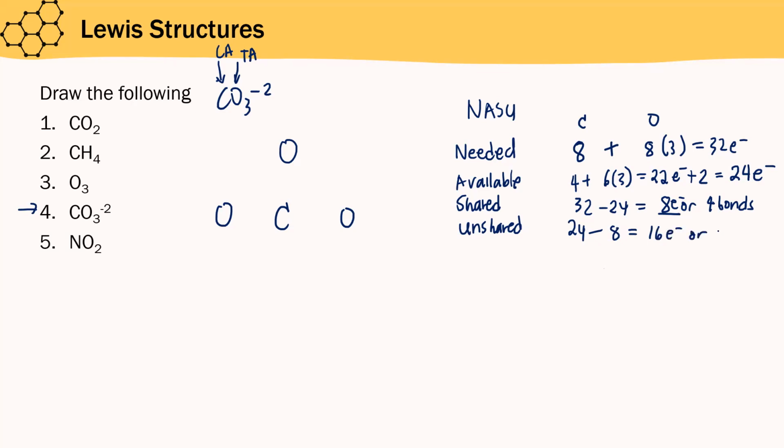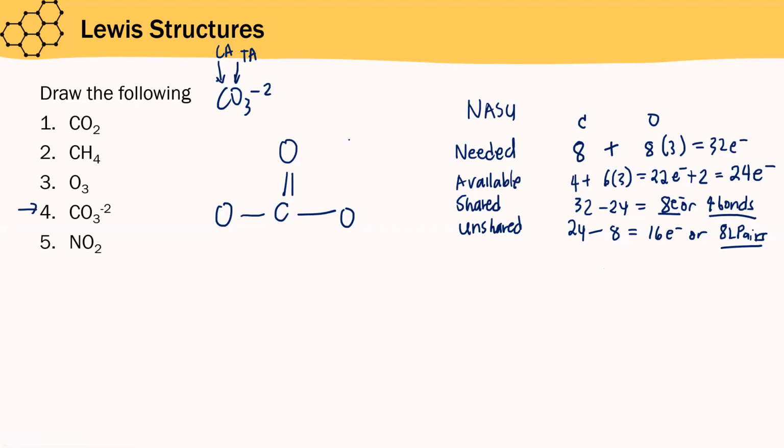Or ilang lone pair? 8 lone pairs. So let's distribute. 4 bonds, 8 lone pairs. So 1, 2, 3, 4. Andiyan na lang. Pwede rin yan dito. Pwede rin yan dito. Ano tawag natin doon? Resonance. Okay? Parang umiikot lang kasi yung double bond.